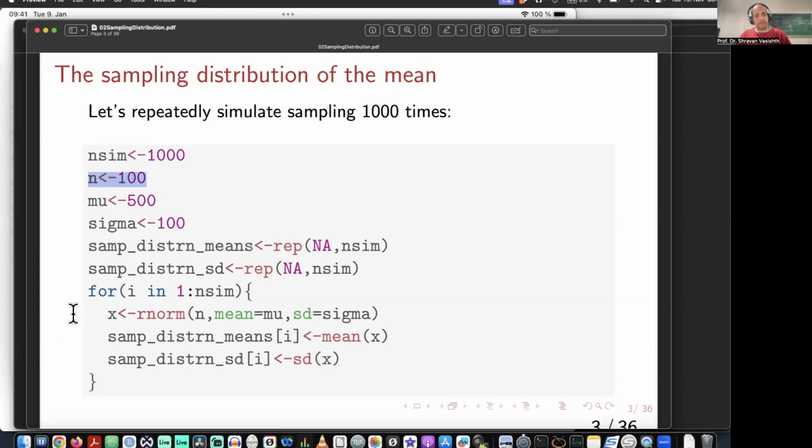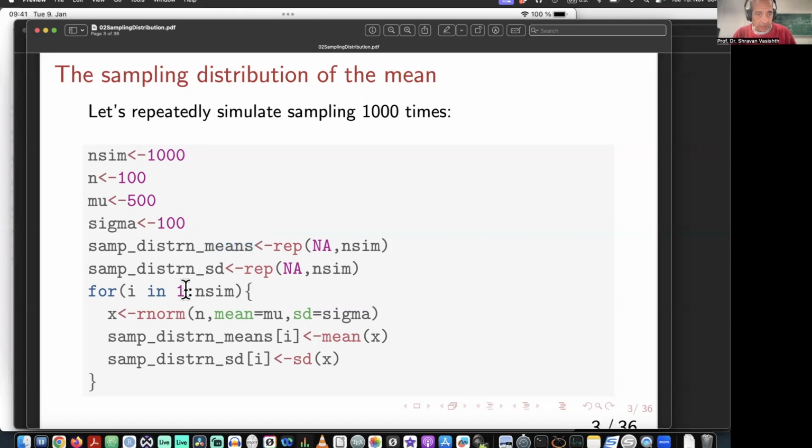And each time that we collect 100 data points, we're going to compute the mean, and we're going to store that mean in a vector, which I'm calling the sampling distribution of the means. So basically, I've created a vector here with 1000 cells, right? An empty vector with 1000 cells that is going to, once the for loop runs, end up containing the means from the repeated samples.